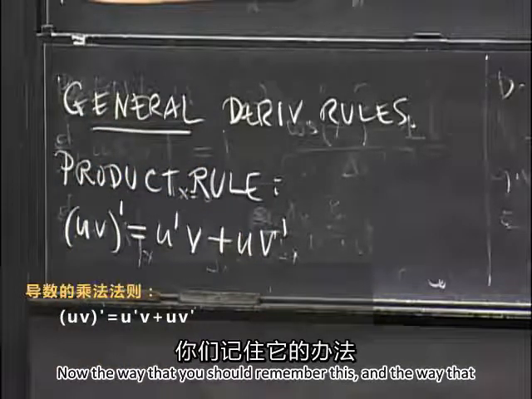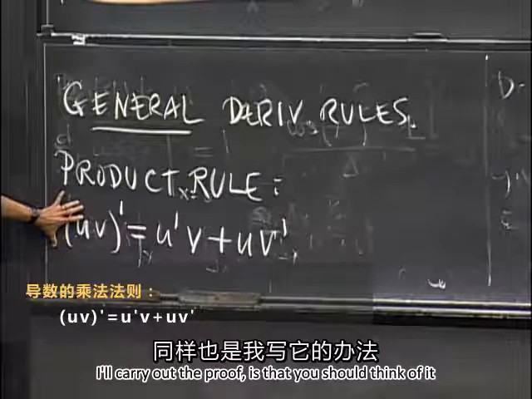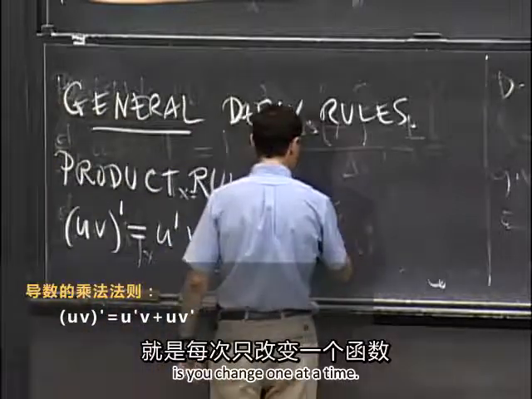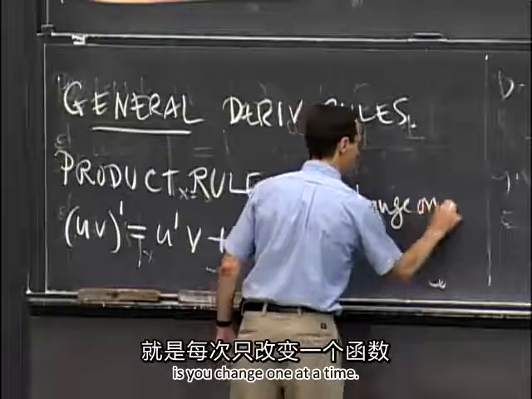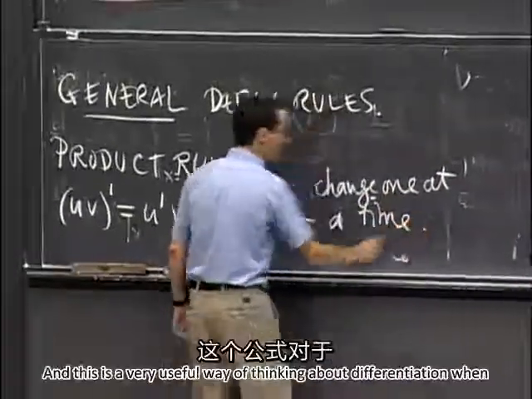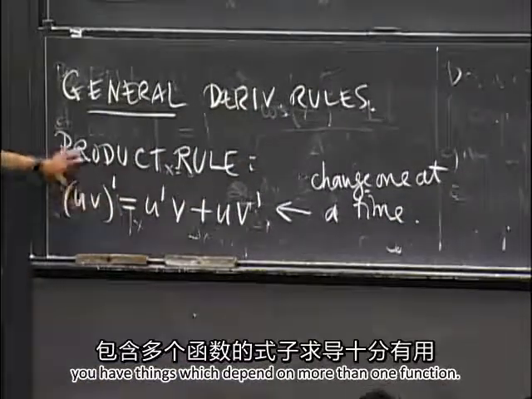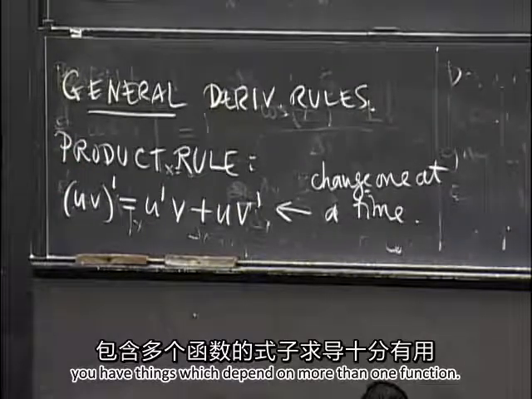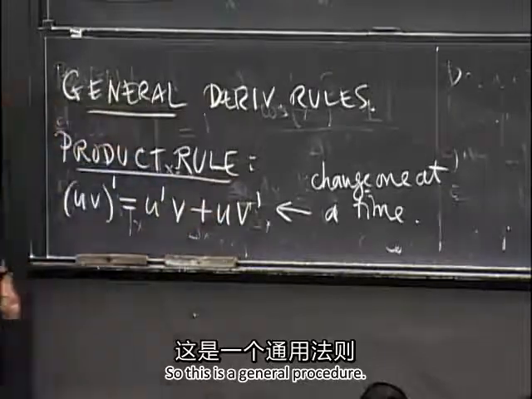Now, the way that you should remember this, and the way that I'll carry out the proof, is that you should think of it as you change one at a time. And this is a very useful way of thinking about differentiation when you have things which depend on more than one function. So this is a general procedure.